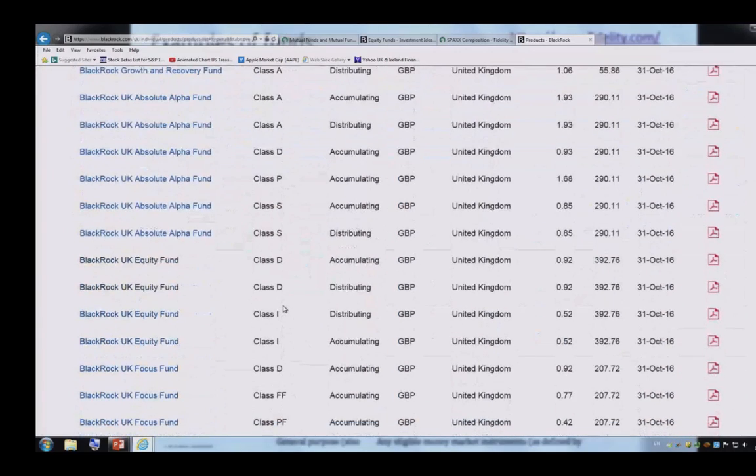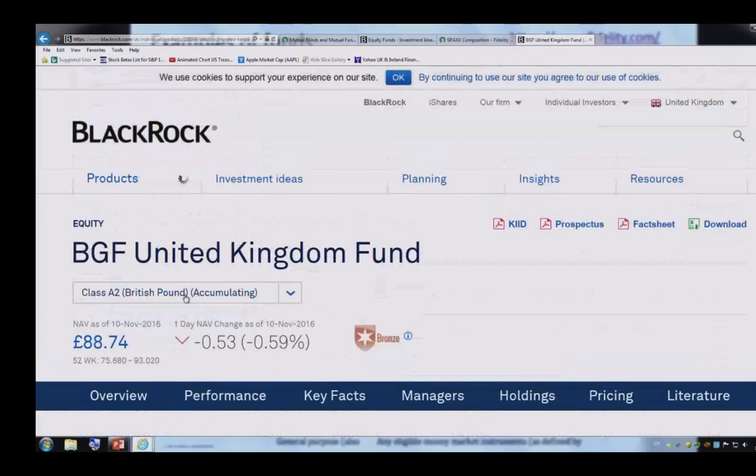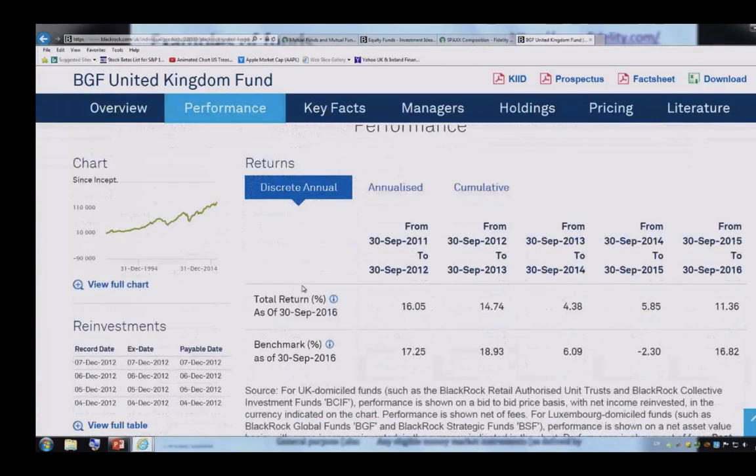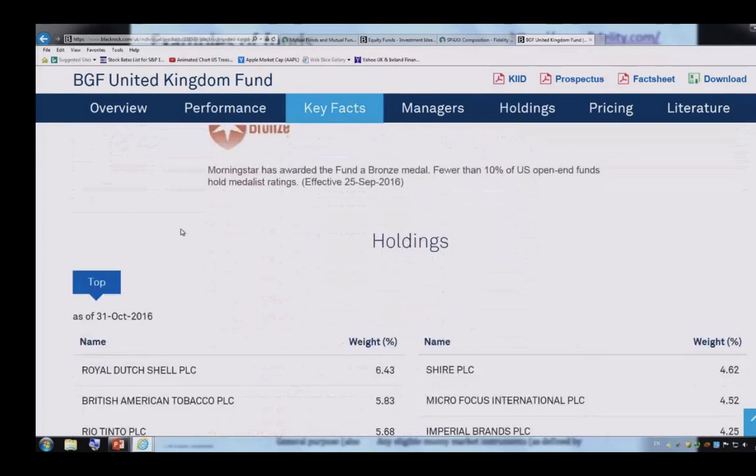And they sell lots of different funds. This is the fund information. This is the fund performance in the past 10 years. Let's look at the portfolio composition.